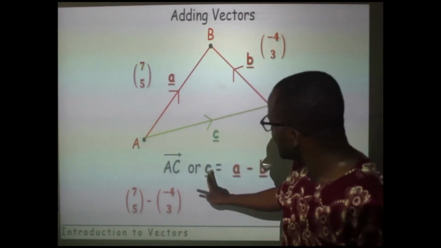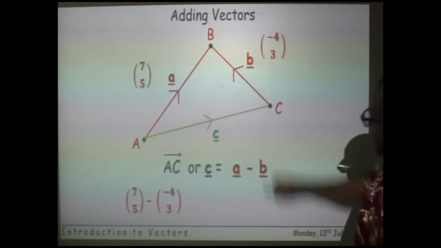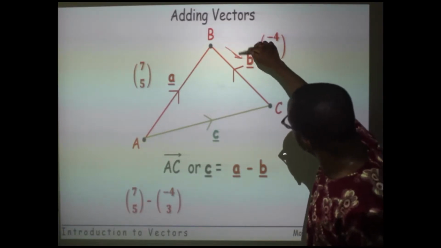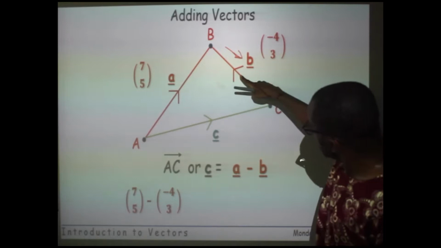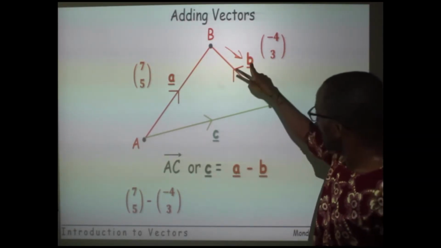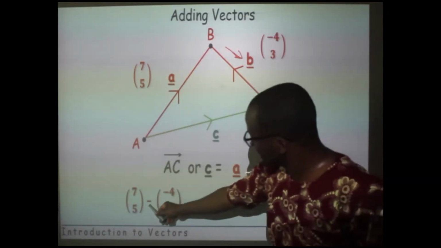So you have AC will be A minus B, okay? Because as you can see, if you go like that to get to C, you're going in the opposite direction as the vector B. So that's why it's negative there. So that's where the negative comes in.